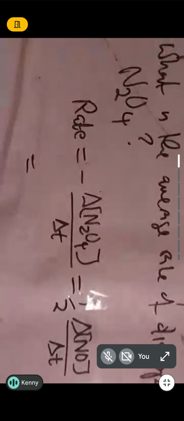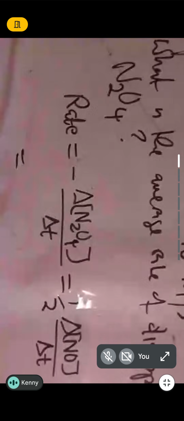So we write the equation, which is this one. We want to calculate the average rate of disappearance of N2O4.